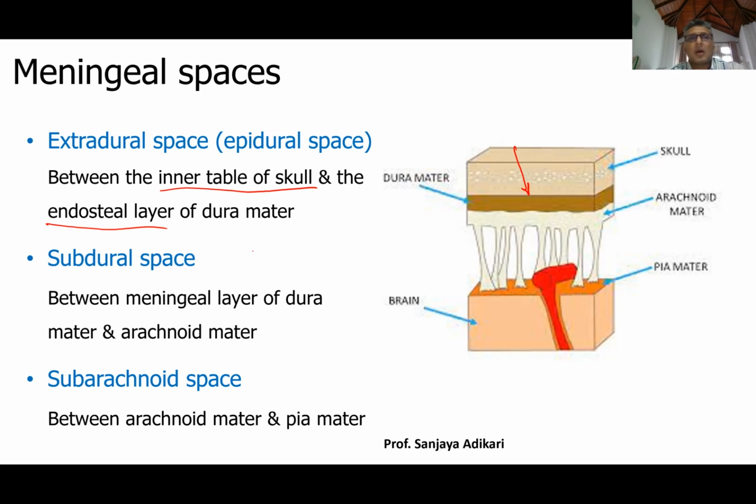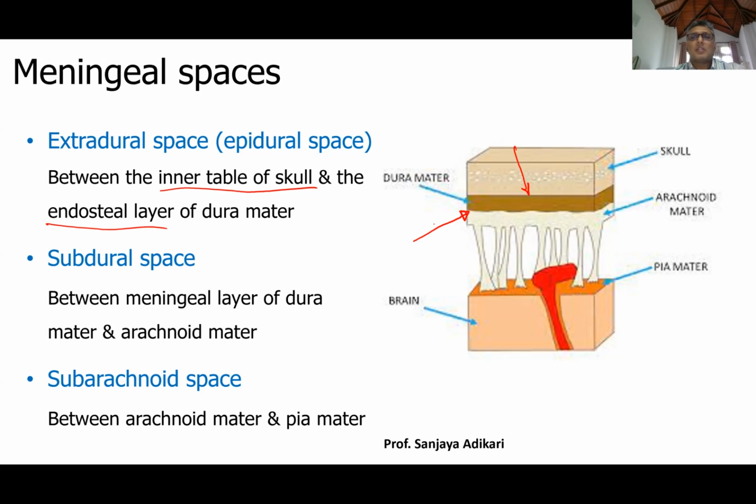So that space is outside the dura mater, therefore you call it extradural space, or it can be called epidural space, same meaning. Then there's another space between the dura mater and arachnoid mater. So that is here. That is also somewhat like a potential space. That also can be opened up if you introduce something into that space. So that is called subdural space.